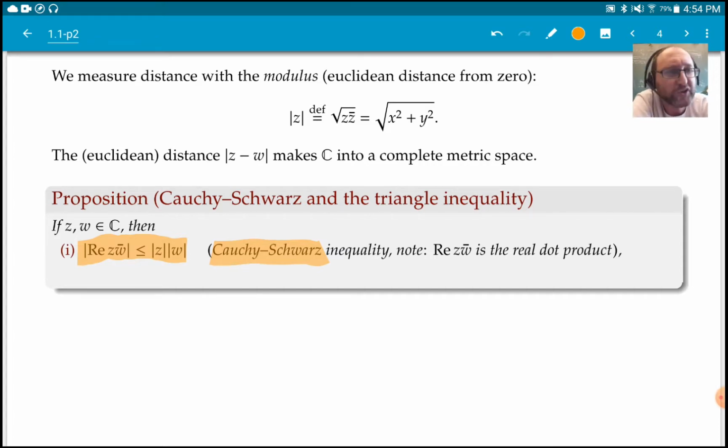In the complex plane, the real part of z times w bar is actually the real dot product, if I think of z and w as points in R2. So this really is the absolute value of the real dot product less than or equal to the product of the sizes of the two vectors, right?